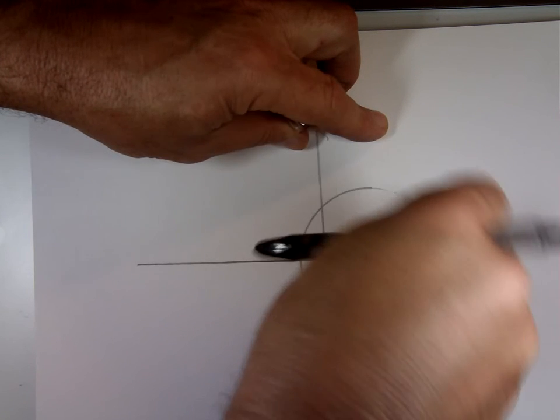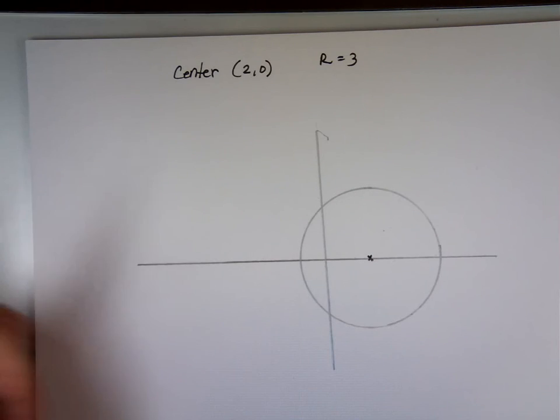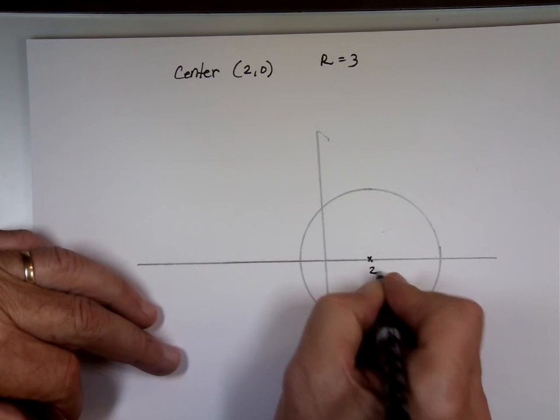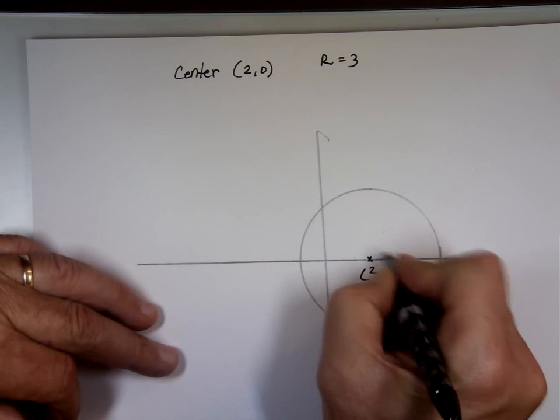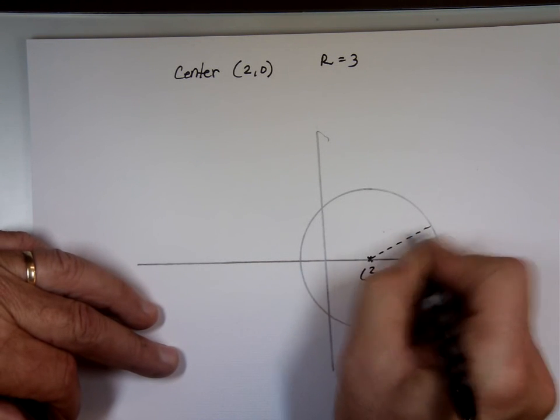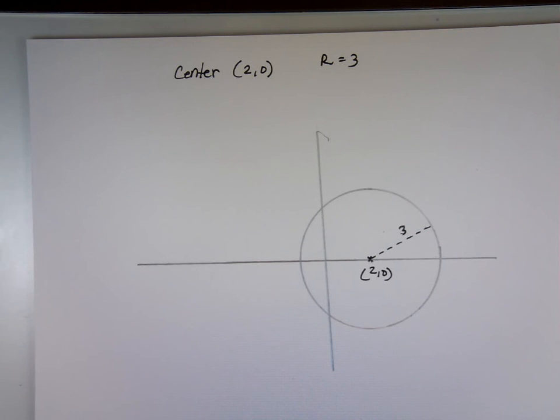And that's the graph of my circle. Center 2 comma 0. And if you measure that distance, that's the 3 units, the radius. That's all we have to know about circles.